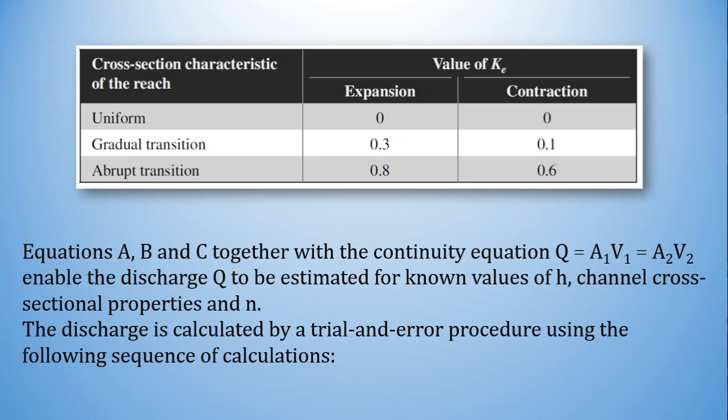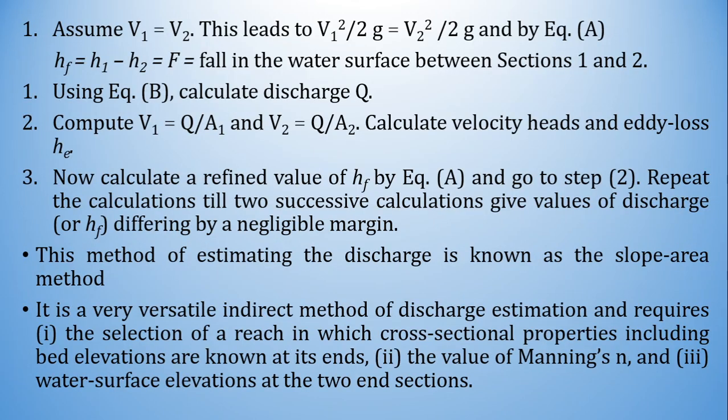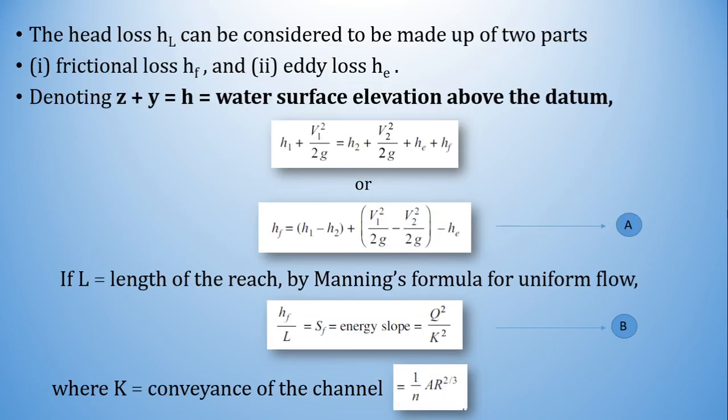The discharge is calculated by a trial and error procedure using the following sequence of calculations. Assume V1 is equal to V2. This leads to V1 square by 2G, that is velocity head at section 1, being equal to V2 square by 2G, that is velocity head at section 2. And by equation A, this total term will be 0, isn't it?